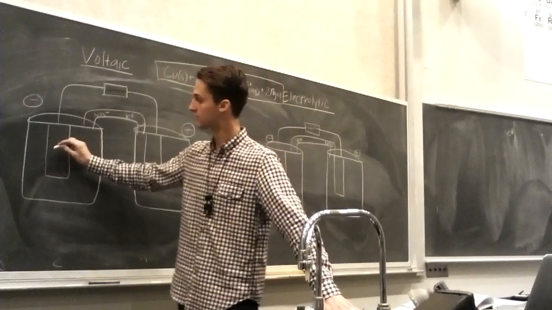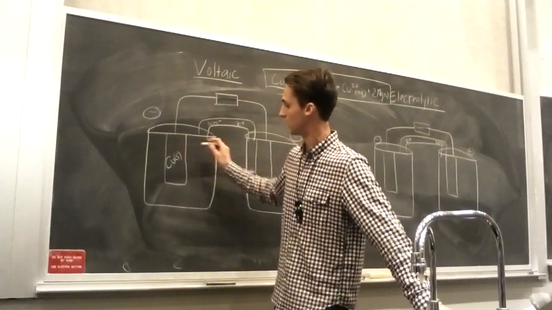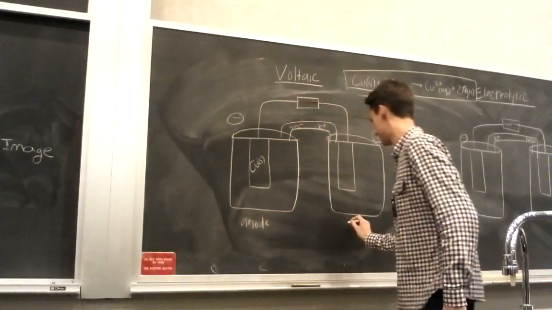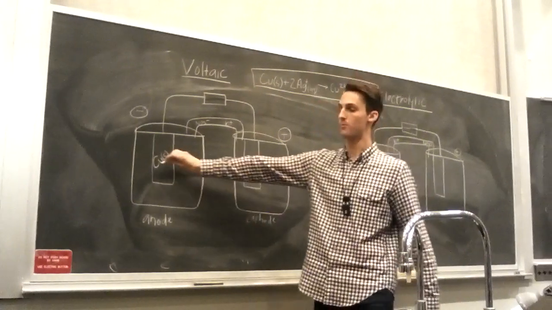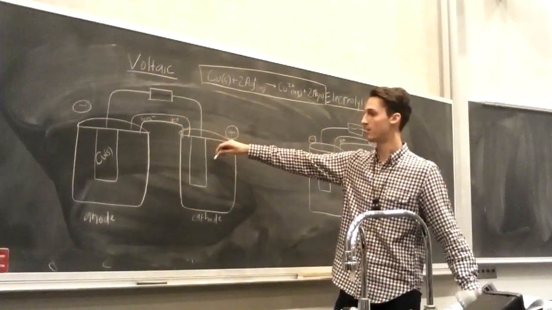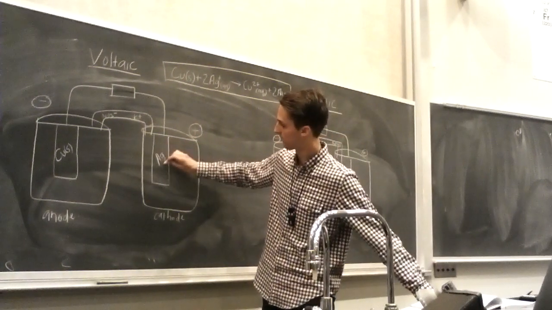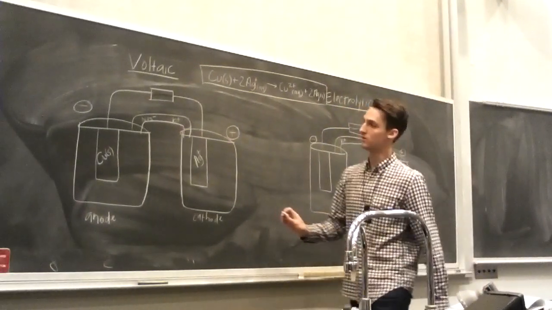Copper, right? Because copper is being oxidized. So I have copper solid here, and this is my anode, and this is my cathode. Okay, so if I have copper solid on my anode, what's going to be on my cathode? Silver. Perfect.